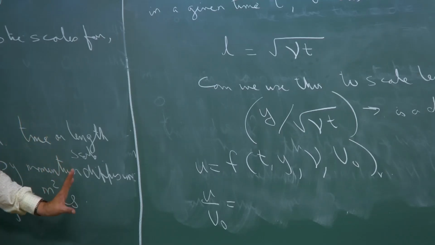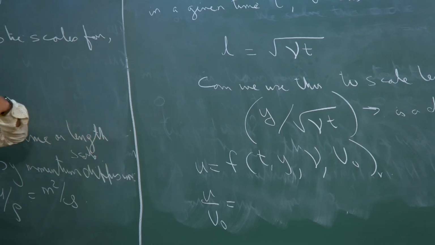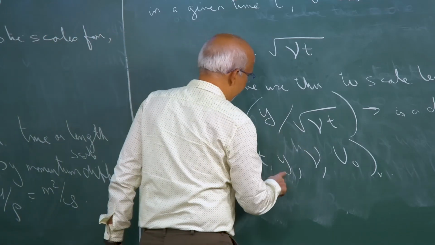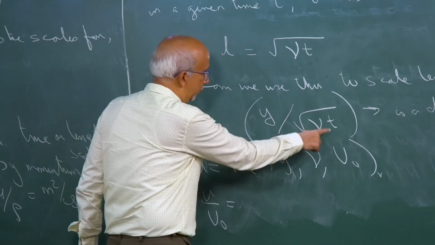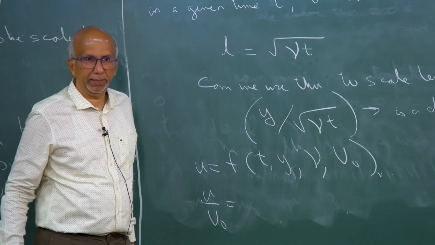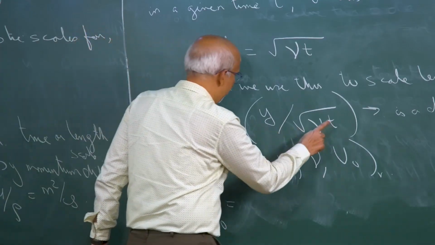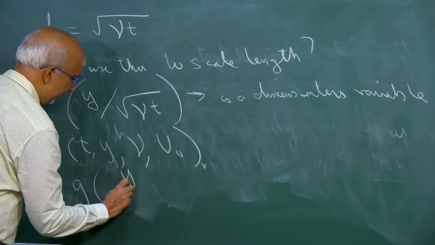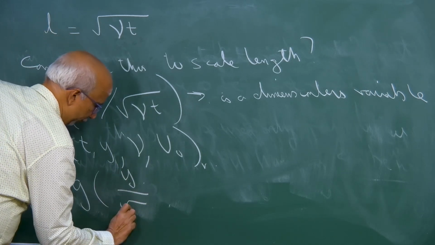If I am writing this as a dimensionless variable, the right hand side should also be in terms of a dimensionless variable. Okay. So, I found out that there is one dimensionless grouping of y, nu and t. So, I can write this as some function of y divided by square root of nu t.